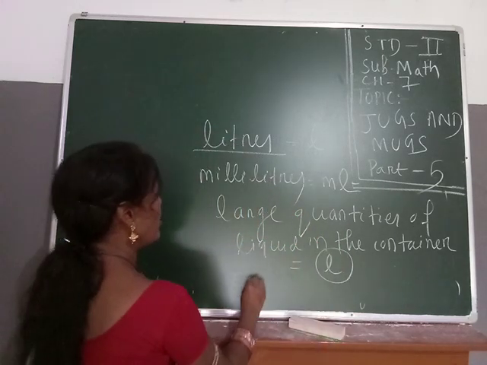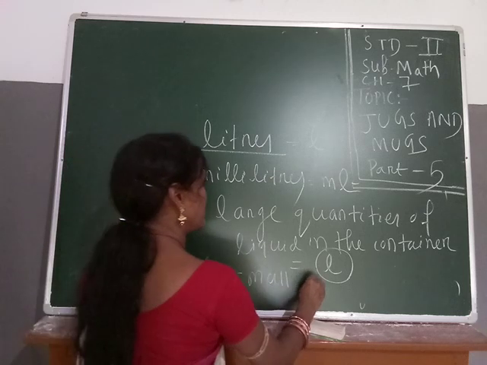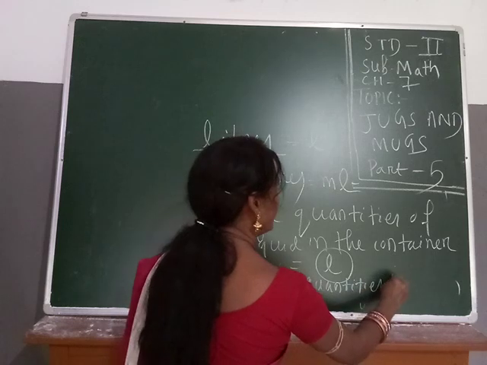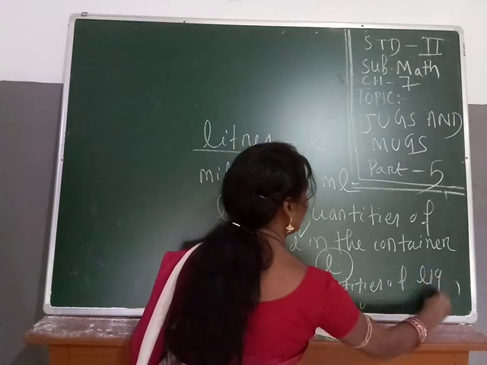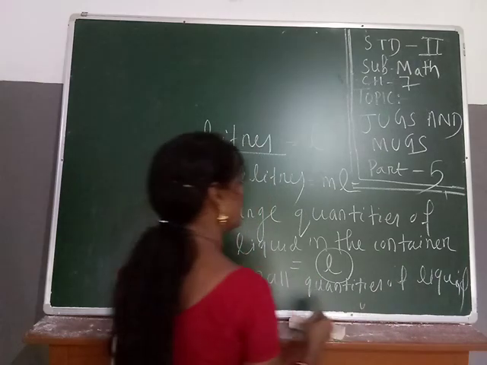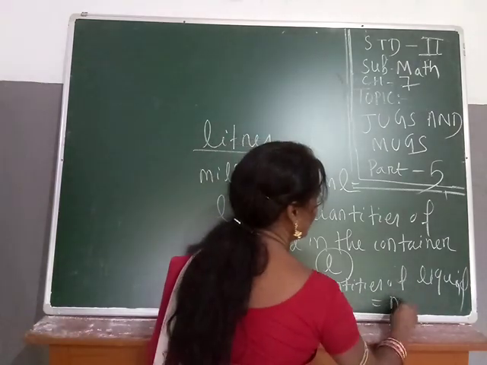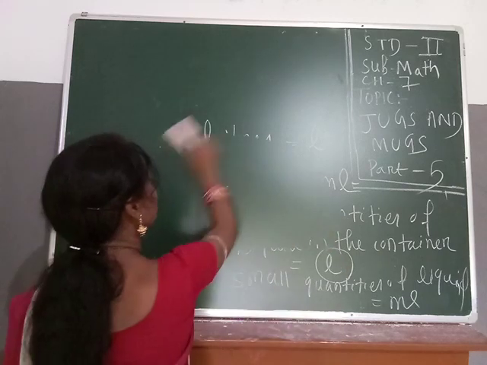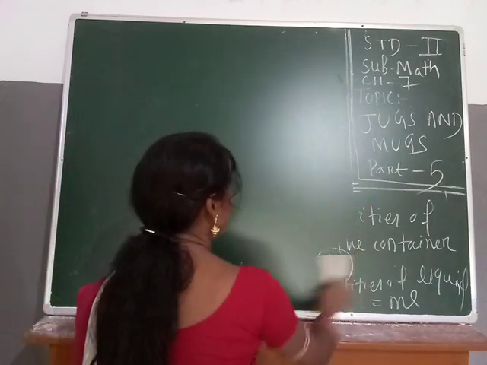And when small quantities of liquid, because water also comes under liquid, that one we are using what? Milliliter. Okay, so now I will give you some questions to write.